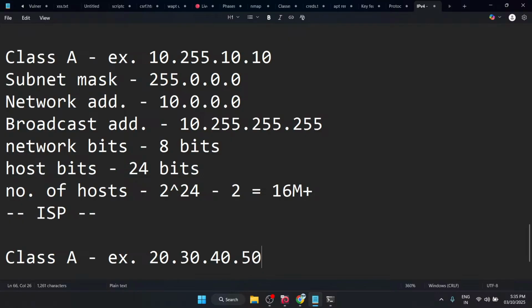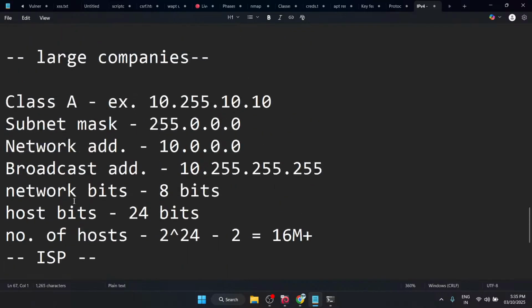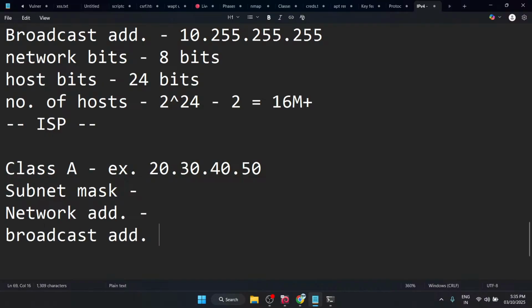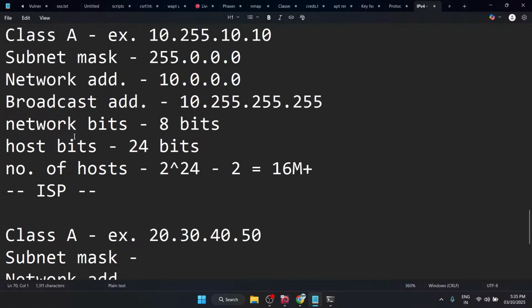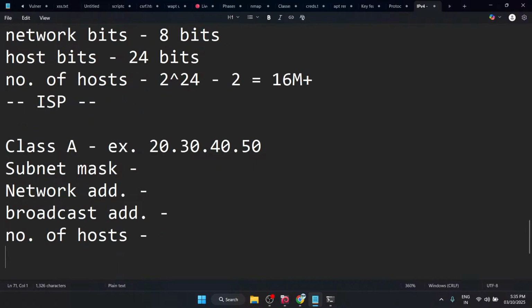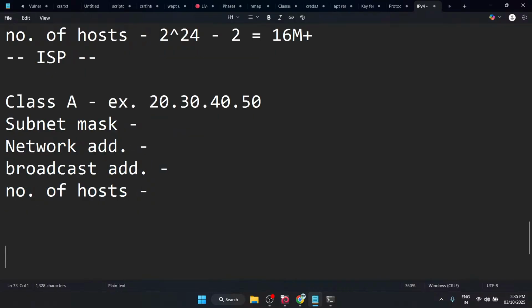Okay, here is the IP, and here again you need to tell the subnet mask of this, then the network address, broadcast address, and number of hosts. Okay, I want the exact numbers. Also, another question, I'm giving you an IP something like this.